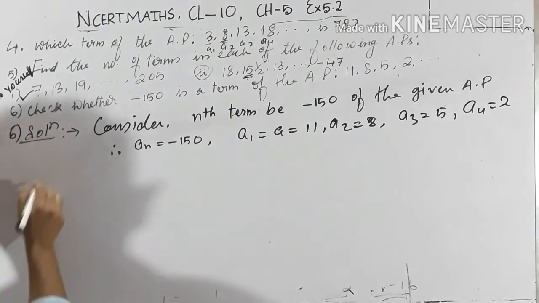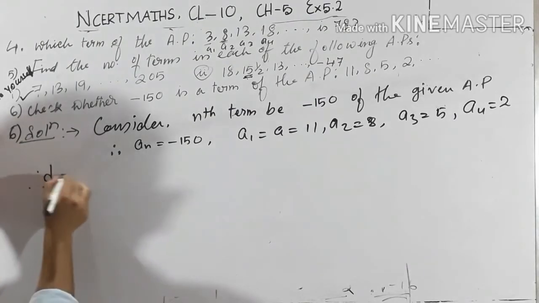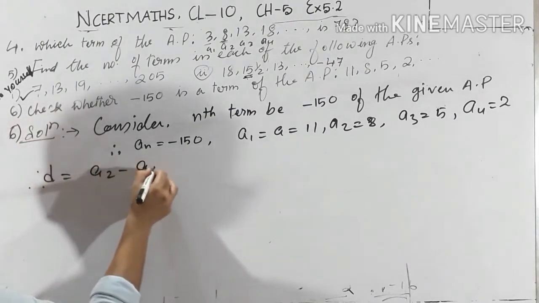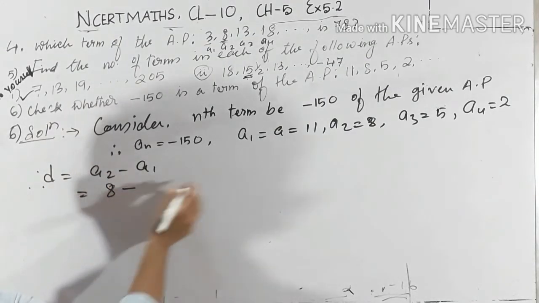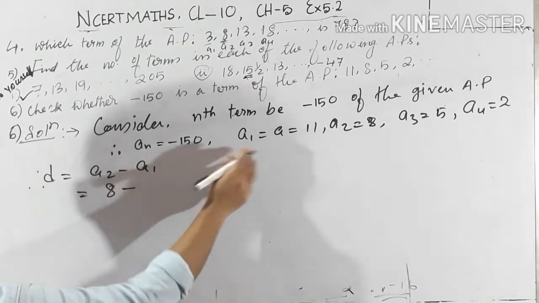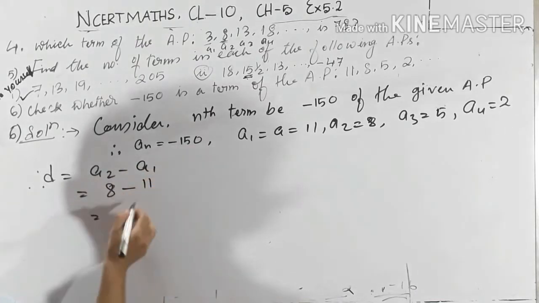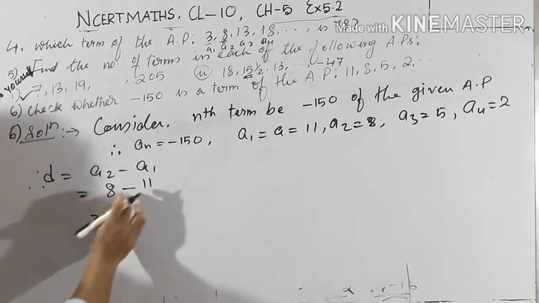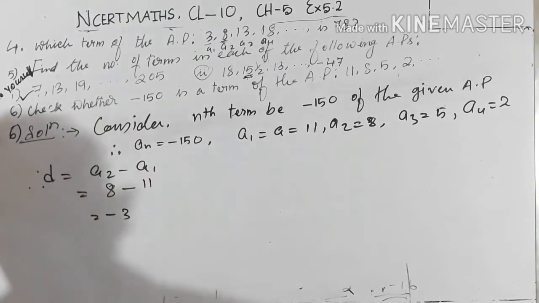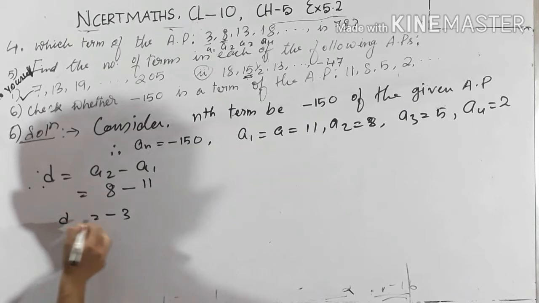If you write, then also no problem. So therefore d equals a2 minus a1, that is 8 minus 11, right? So it will be minus 3. Why minus 3? Before the bigger number, minus is there. So 11 minus 8 is 3. That means d equals minus 3.